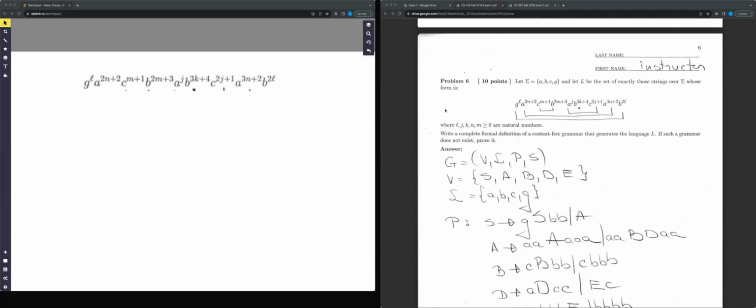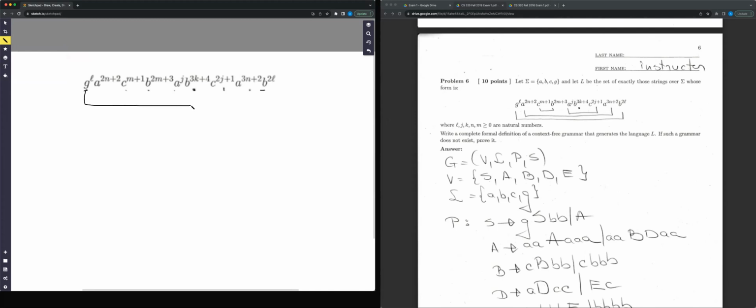Okay. So the way you answer these questions is, this is not a regular expression. This is like a template on patterns for how the strings need to be generated, but this is not a regular expression. Basically what it's saying is this number of G's and these B's are related, because this is G to the L. So whatever L is, I'll have twice as many B's here because it says 2L.